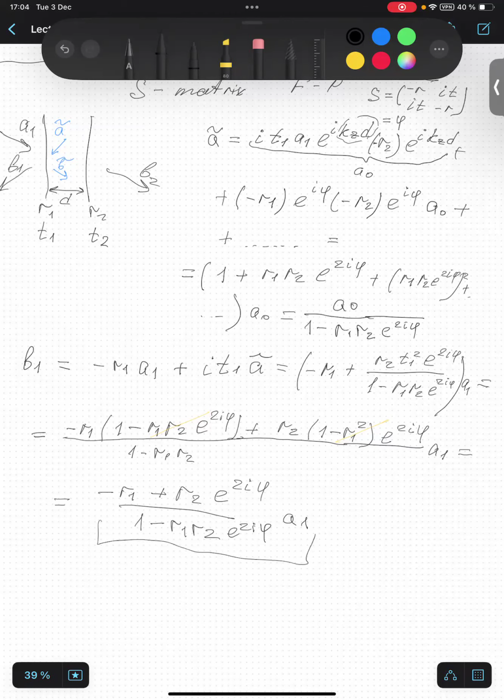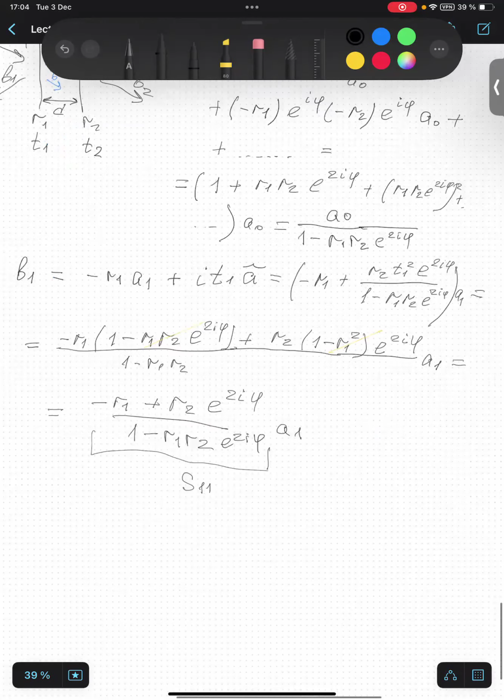Now we found the S11 coefficient of our S matrix.